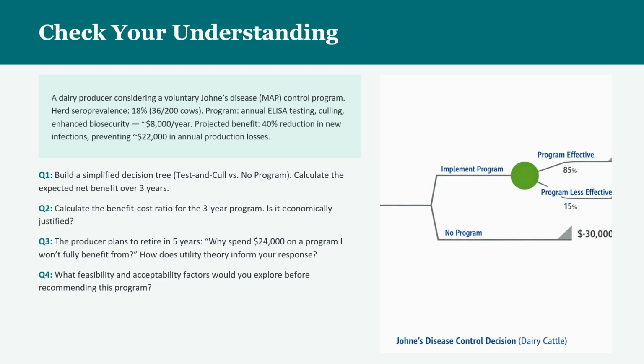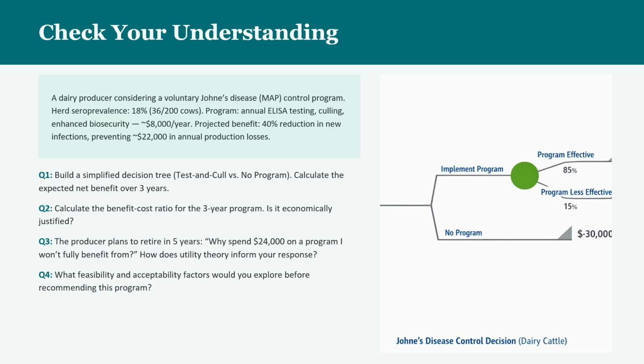Expected net benefit over 3 years equals 0.85 times 2,400 plus 0.15 times negative 10,800 equals 2,040 minus 1,620 equals 420. The expected net benefit is positive but modest, essentially break even.